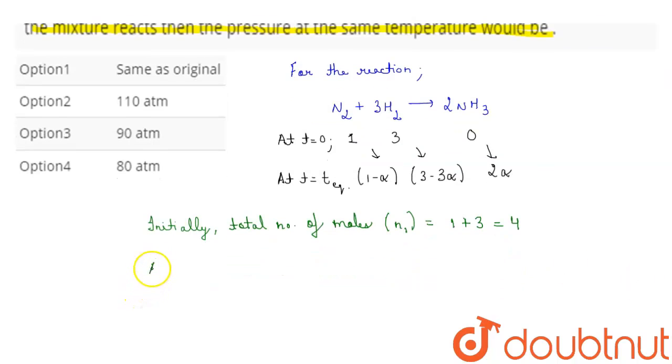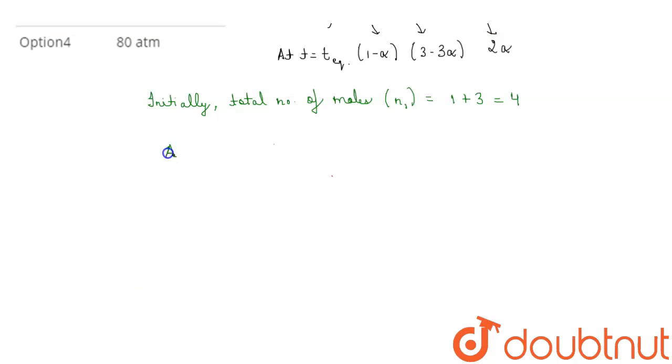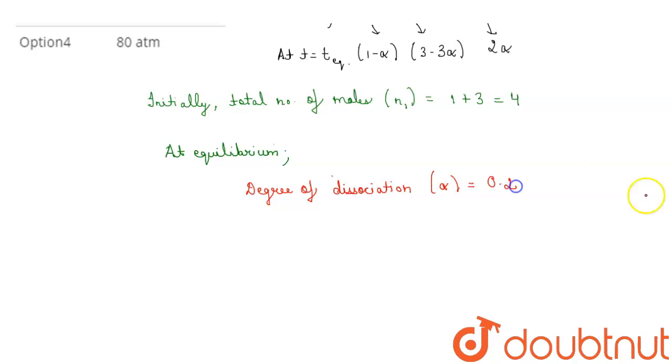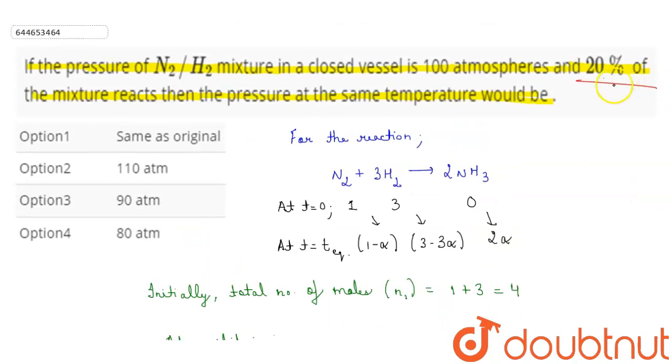Now at equilibrium, degree of dissociation, that is alpha, will be 0.2, as we have given that 20% of the mixture reacts, right?